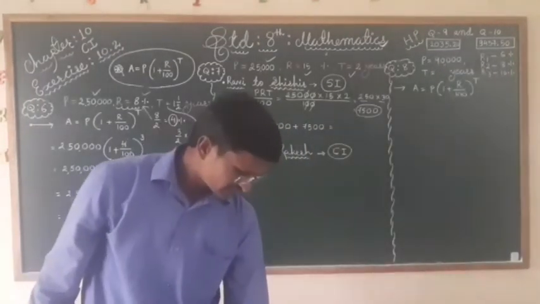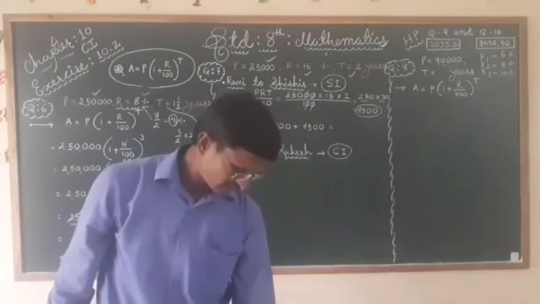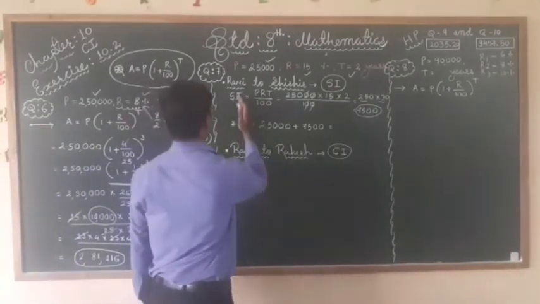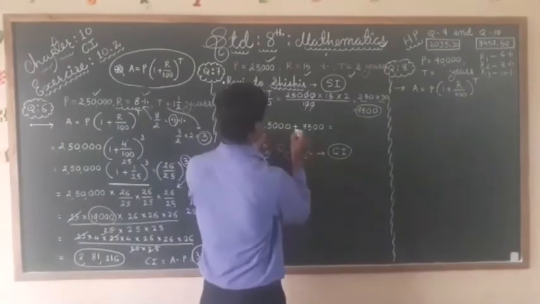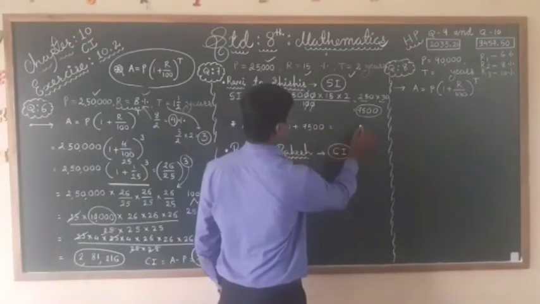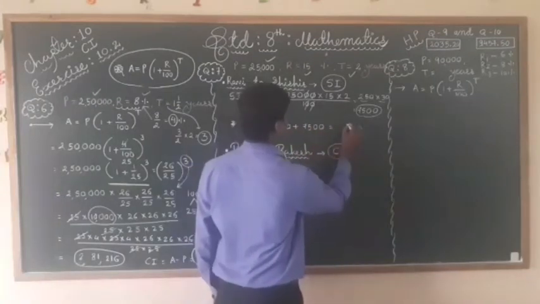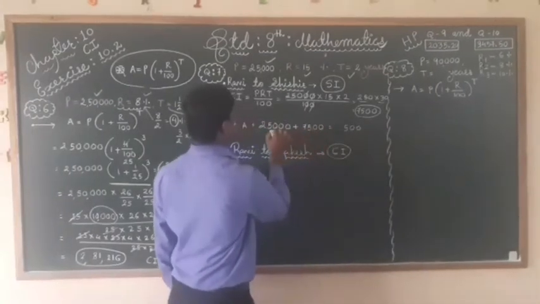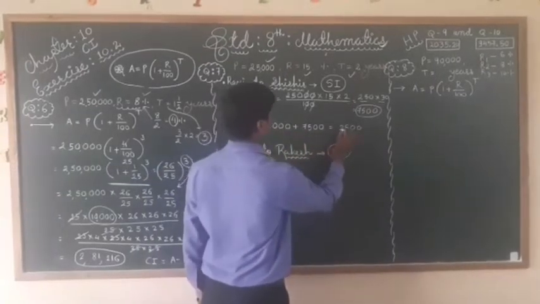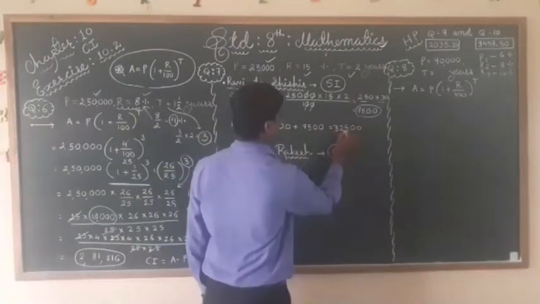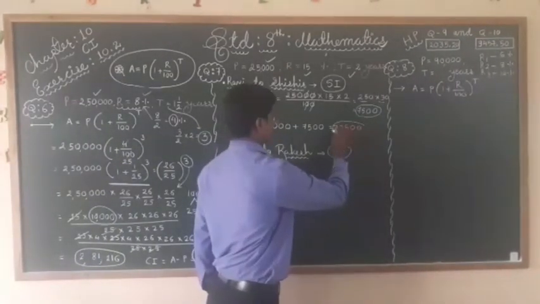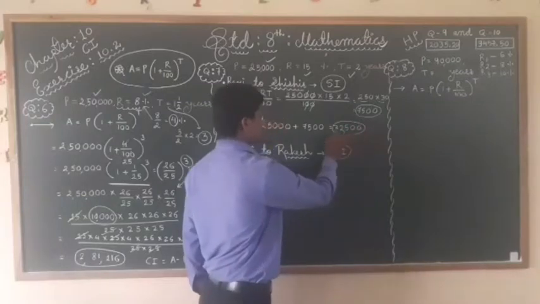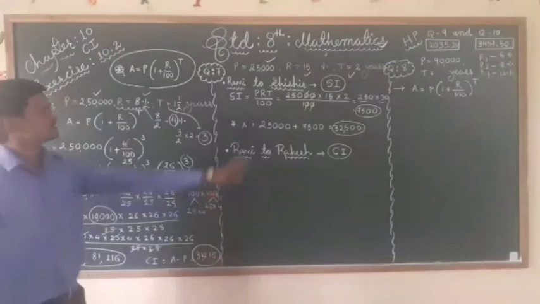So we will get the total amount that will be paid with simple interest. Now the addition of these two: 5 and 7 is 12, 2 and 1 carry. So that is 32,500. That is the amount to be paid to Cecil.